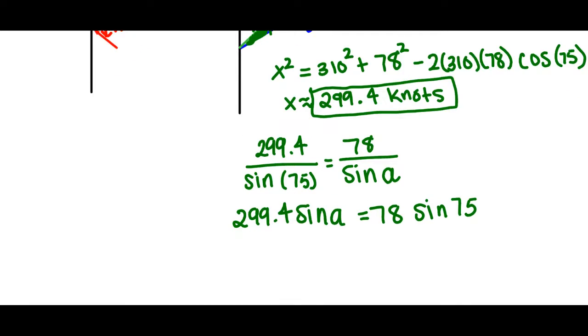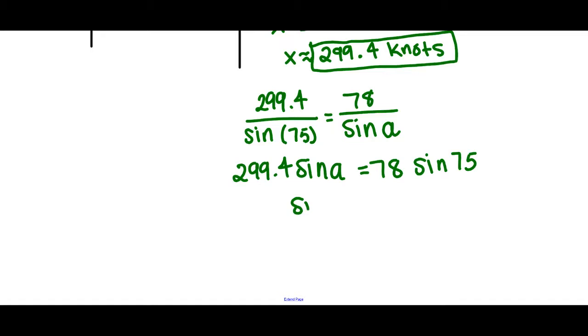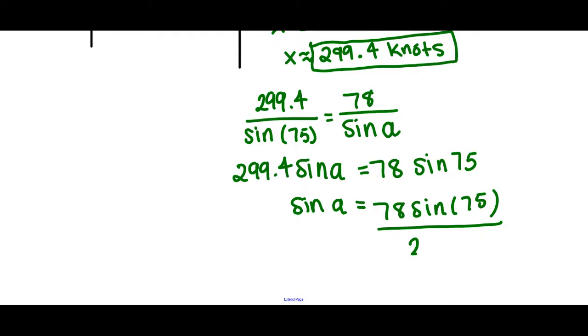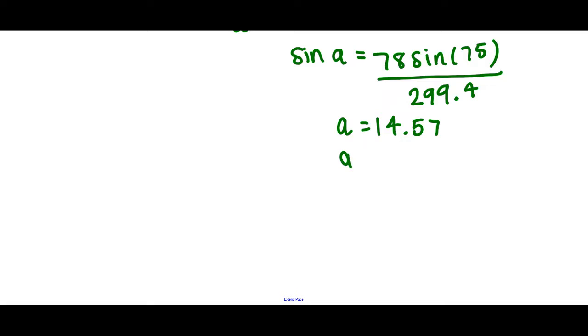Divide. And then we have to use our inverse sine on the calculator to find this part. This gives me A equals 14.57. If we round to the nearest whole angle, that would be A equals 15 degrees.